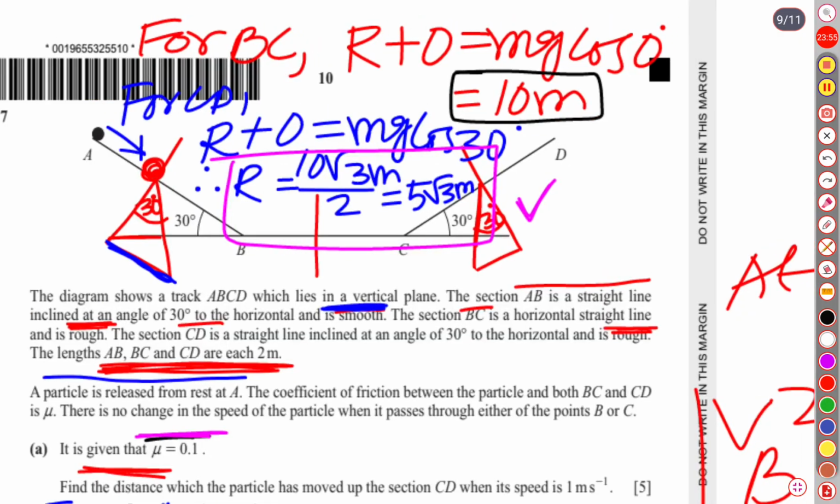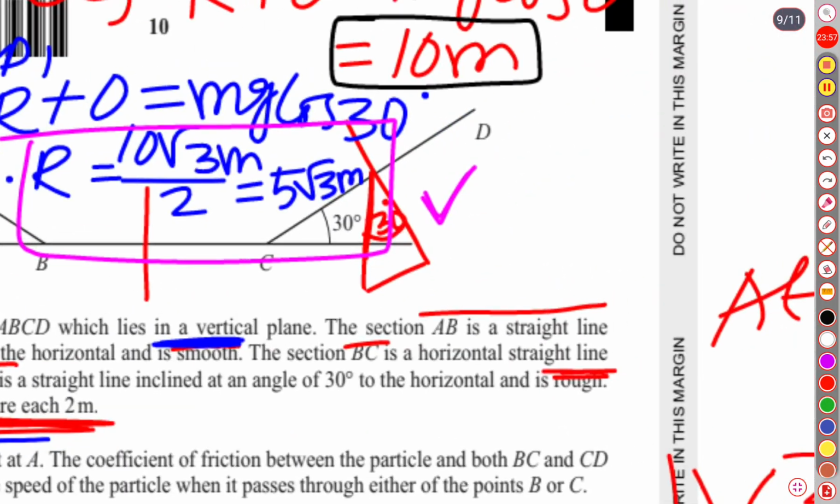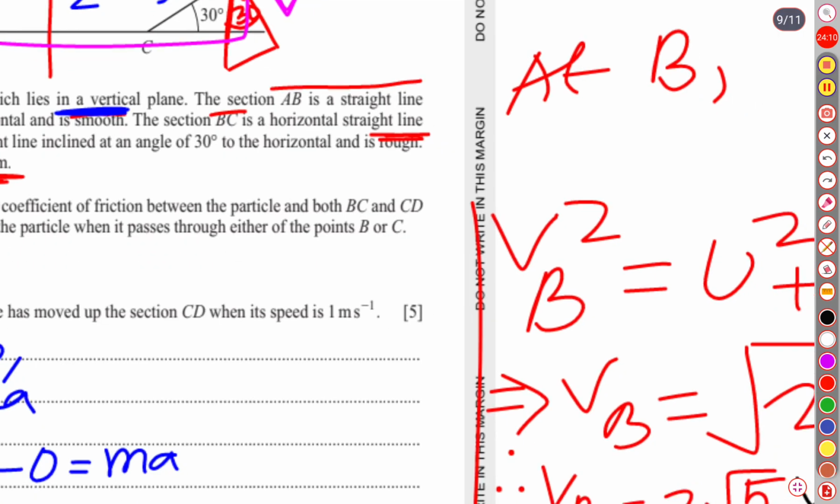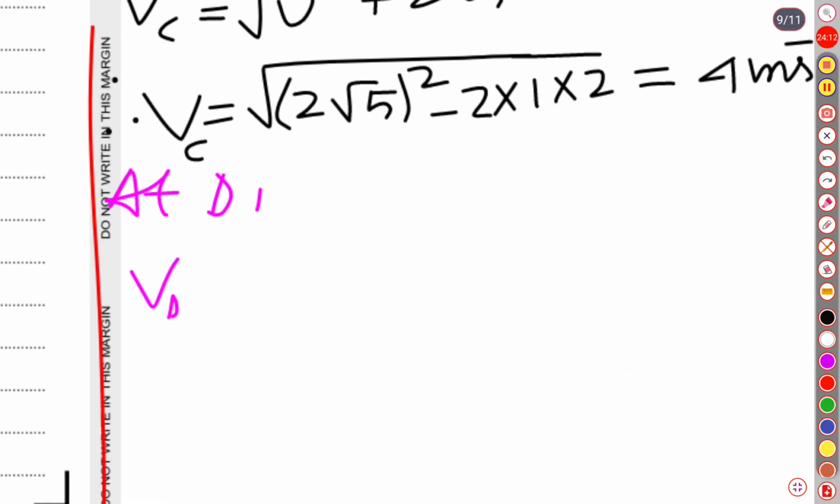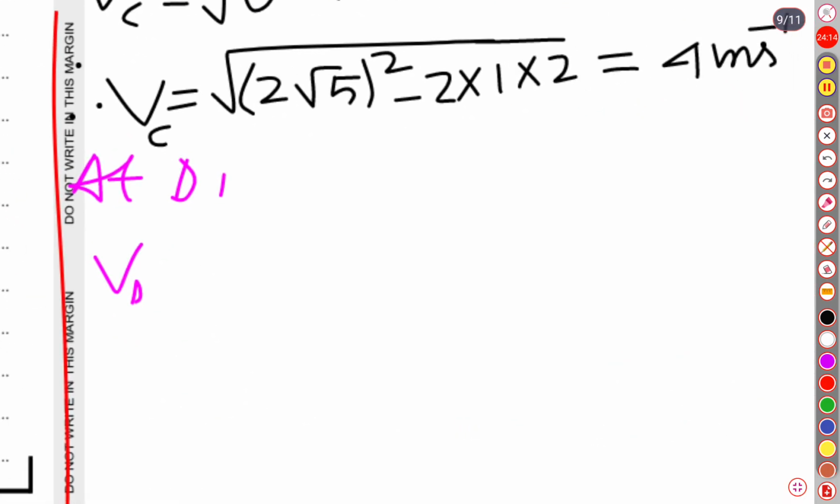Yes, D was at the bottom. Suppose the particle could reach up to this point, and we may suppose it to be at E. So we will write VE instead of D, since D is already given.